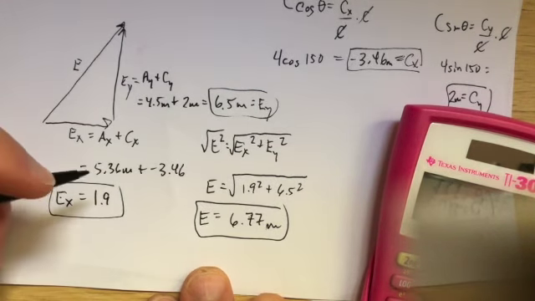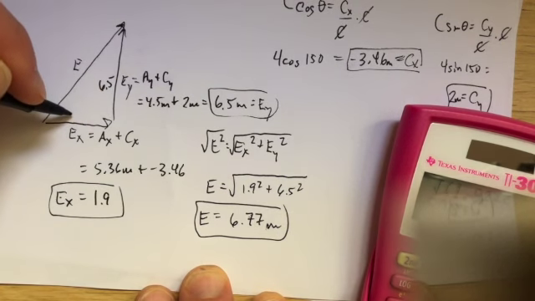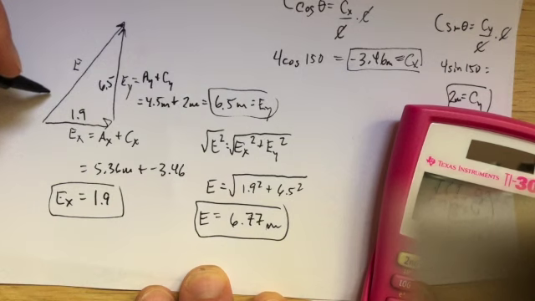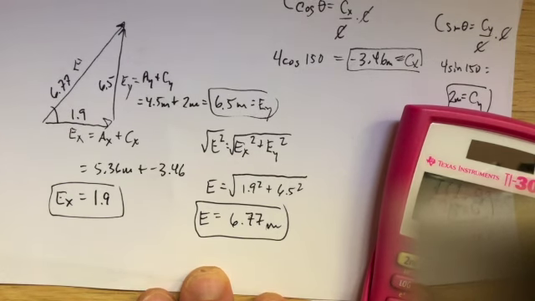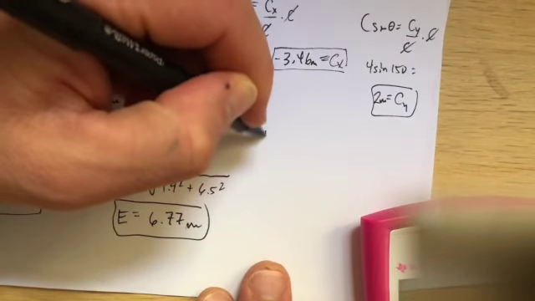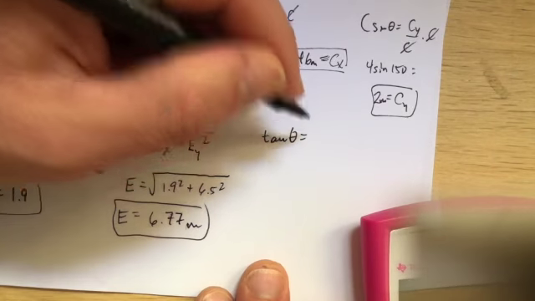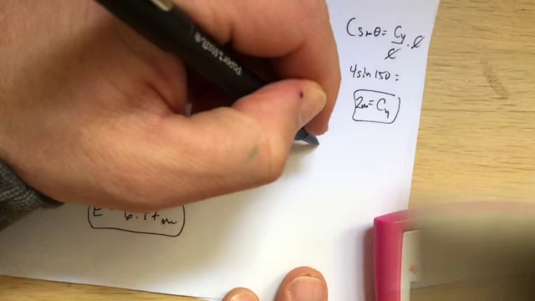And then again, to find the angle, we know that this side is 6.5, we know this side is 1.9, and we know that this side is 6.77. I know all the sides. To find this angle, let's use tangent again. So the tangent of theta equals opposite over adjacent, 6.5 over 1.9.